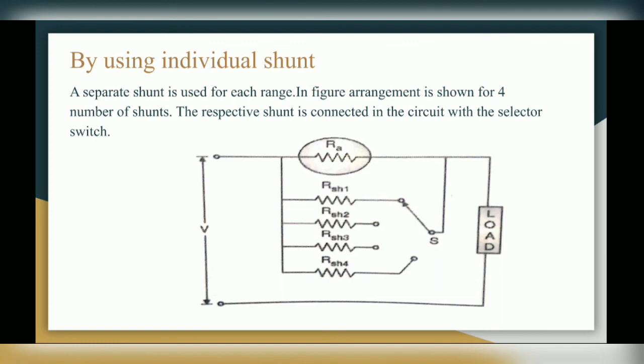In this diagram the selector switch is connected to RSH1, so for this arrangement we will get one range, and when the switch is connected to RSH2 we get another range, and the same for RSH3 and RSH4. So in this diagram you get 4 ranges to measure the current.